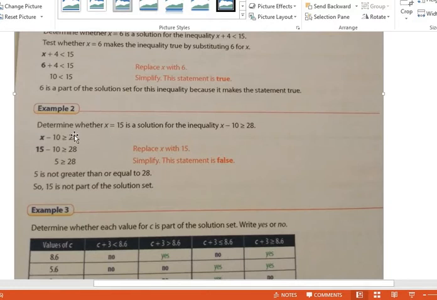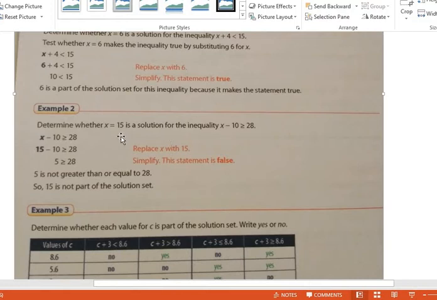Let's complete. Determine whether x equals 15 is a solution for the inequality x minus 10 greater than or equal to 28. What do I do?